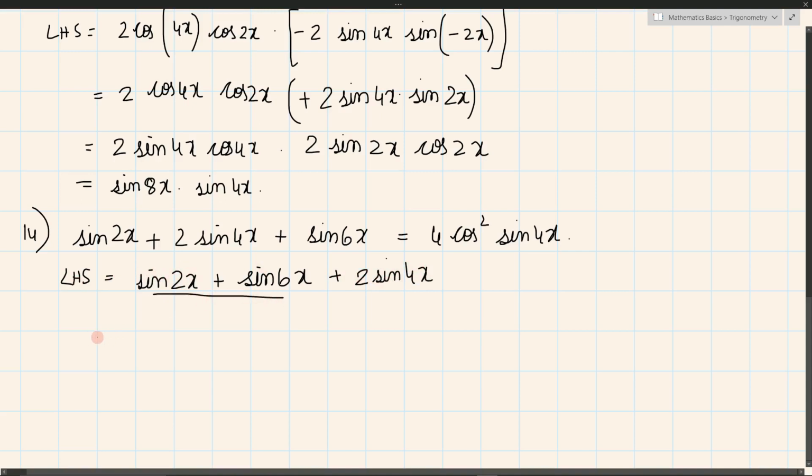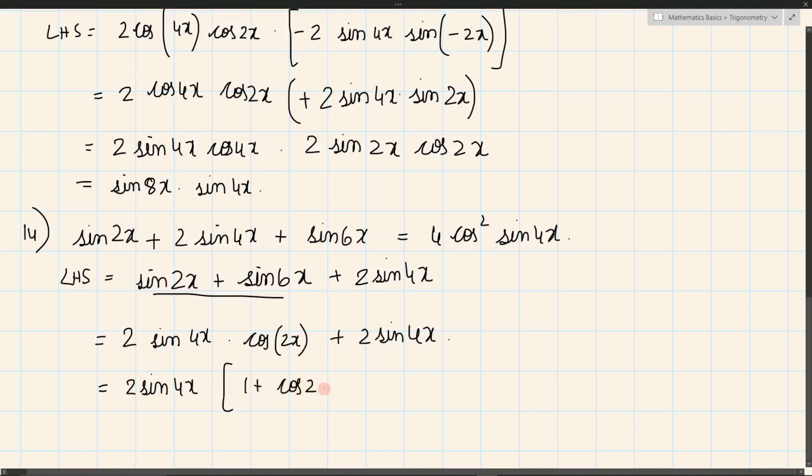Sine A plus sine B is nothing but 2 sine of (A plus B) by 2, that is 2 plus 6 is 8 divided by 2 is 4x, into cos of 2x. So minus 2, we can neglect the minus here, plus 2 sine 4x. So we can take the 2 sine 4x as common, 2 sine 4x, so we'll have 1 plus cos 2x.